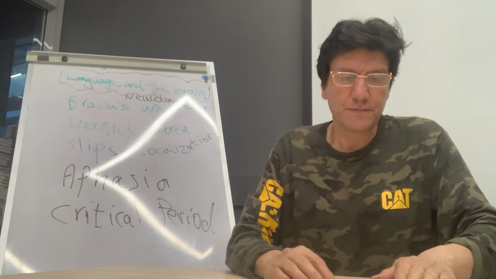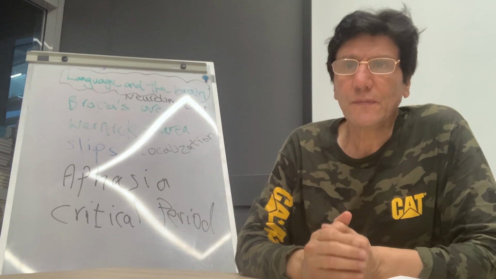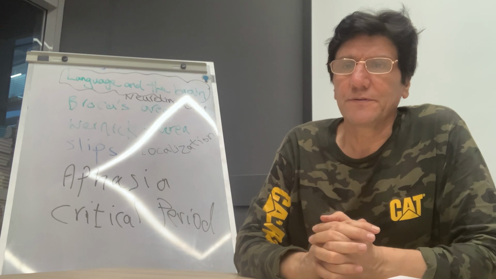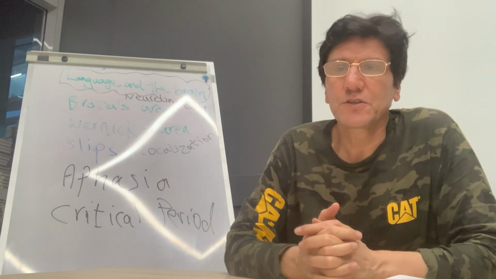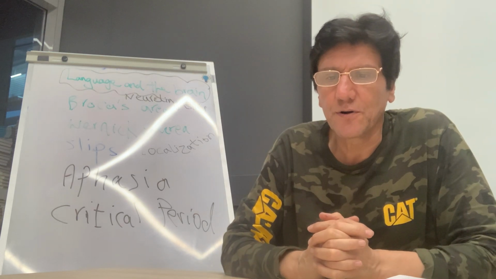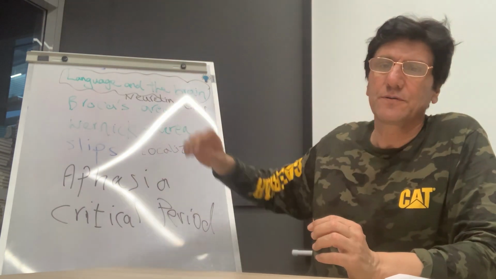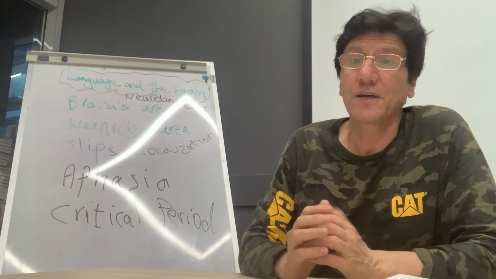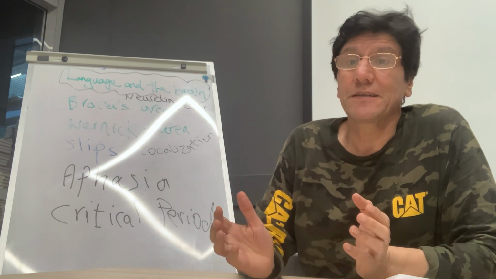So let me wrap up the whole discussion today. Today we talked about the relationship between language and brain. We discussed the discipline or the area of neurolinguistics. As the name suggests, neuro is like your nerves, your nervous system, and your neurons, and linguistics is the study of language.